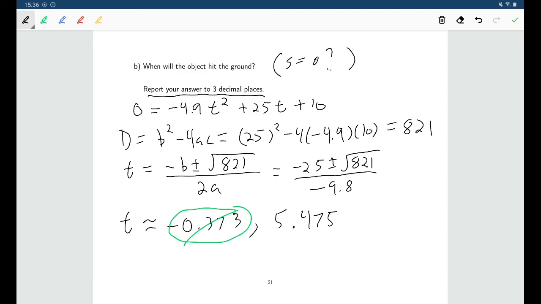So there's really only one solution here, 5.475. So the rock hits the ground at 5.475 seconds.